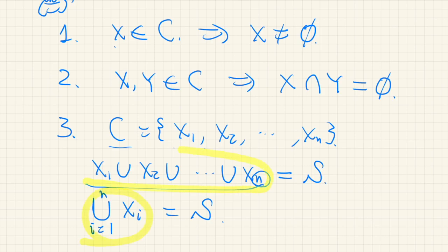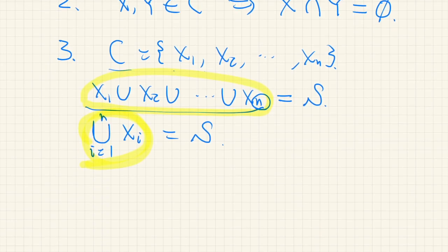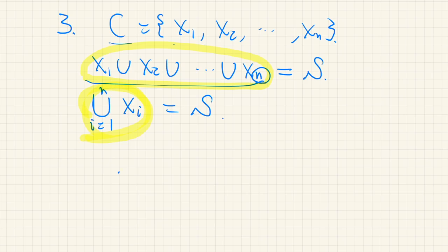Instead of writing x1 plus x2 plus and so on plus xn, we write the sum symbol i from 1 to n of xi. Right? It's similar.